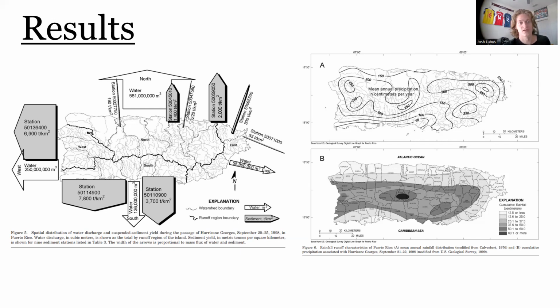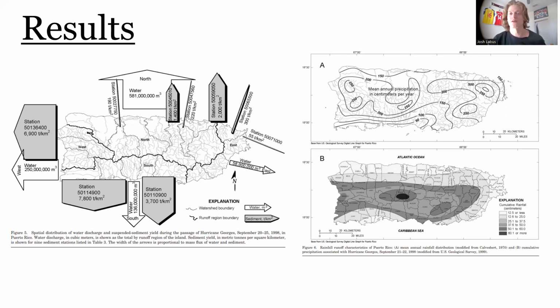But if you look in the north, it's going to have high general water runoff compared to the other two, the west and the south. And the east is actually a lot smaller compared to the rest of them, so I didn't want to focus on that one as much, but you can see the reason as to why this happens following Figure 6, which is here on the right, showing rainfall levels in Puerto Rico.